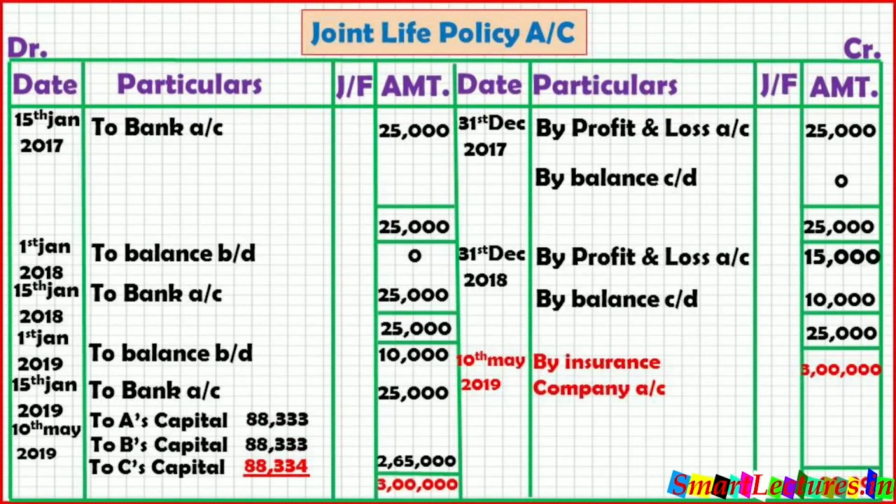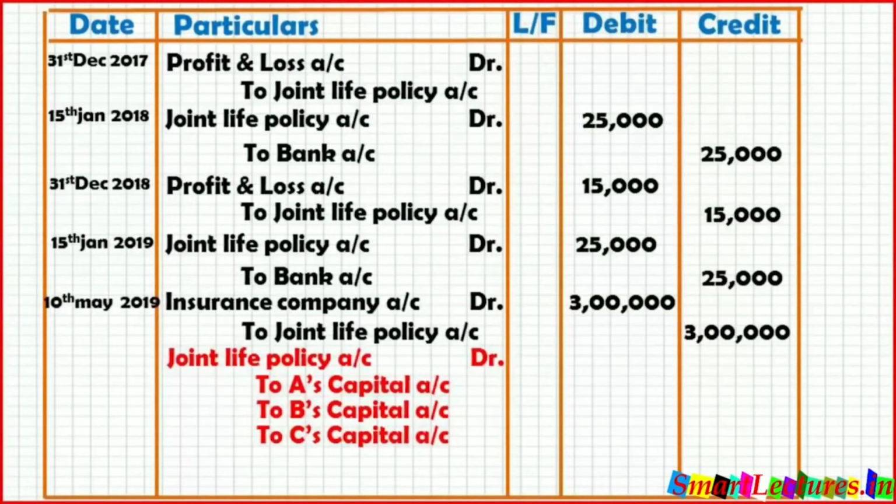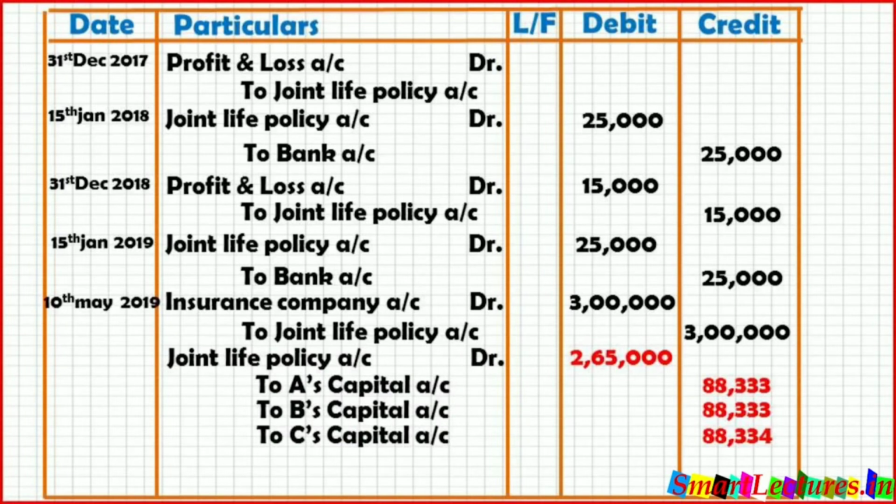We couldn't write down this amount in the journal entry. Now we can complete the journal entry. That will be joint life policy to ABC 265,000, 88,333, 88,333, 88,334. In this way, the asset method is tackled.